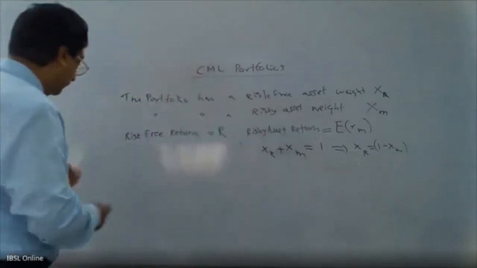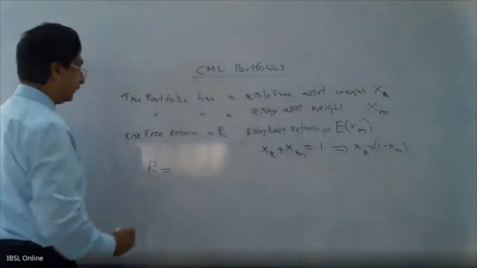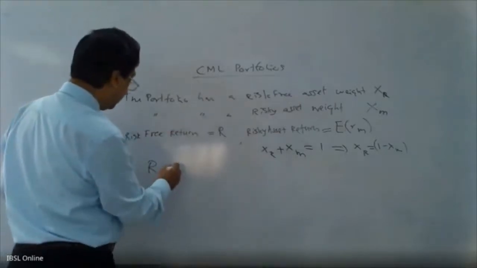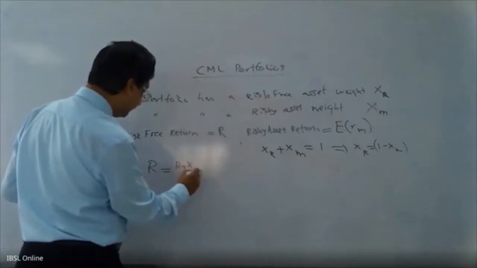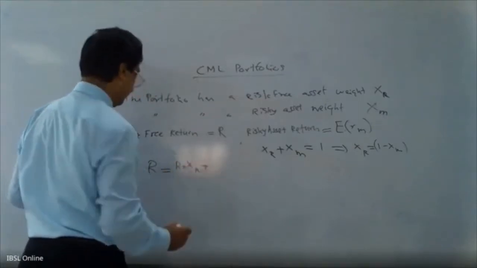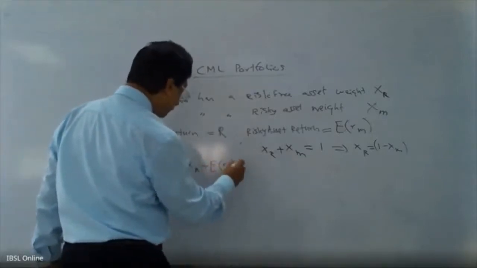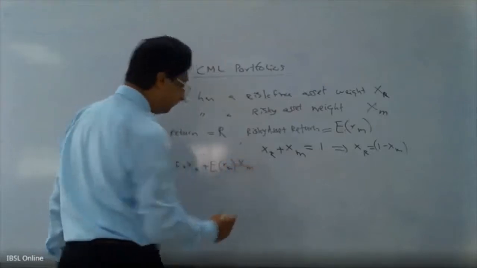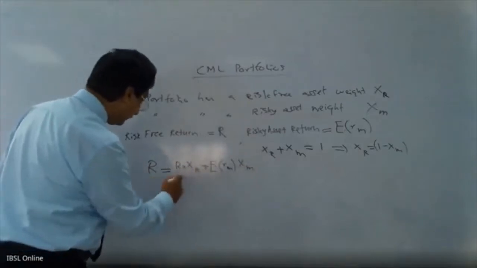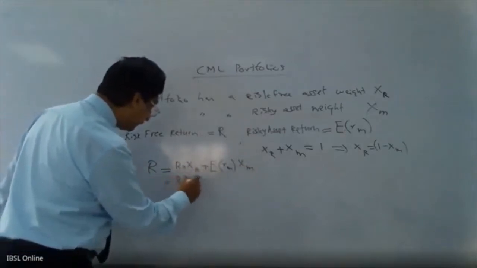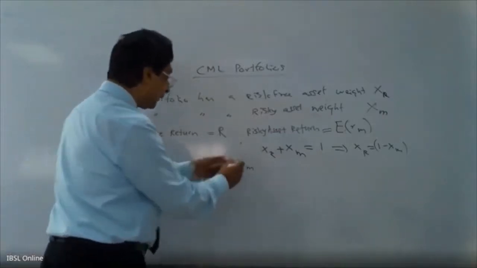So we can put it this way. R equals R into XR plus ERM into XM.